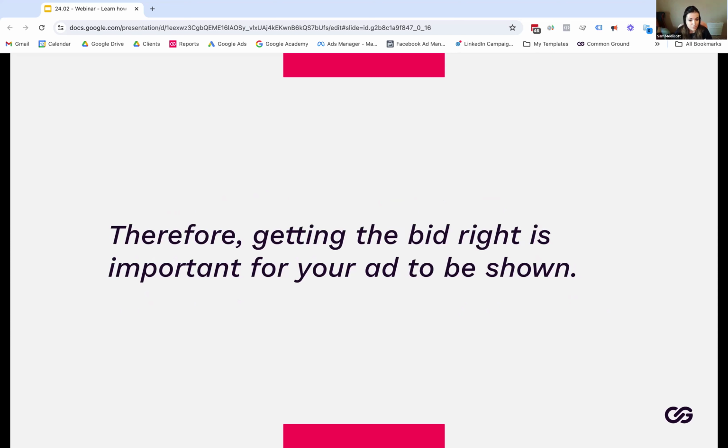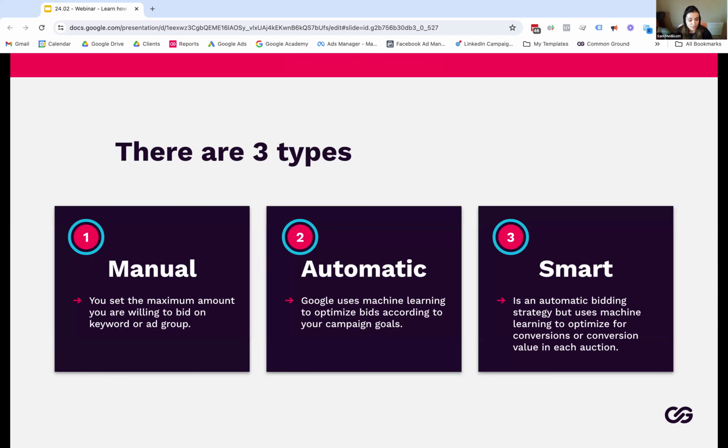Therefore, getting the bid right is really important for your ad to be shown. It's not all just about the ad copy, making sure that you've got a competitive bid is really, really key.